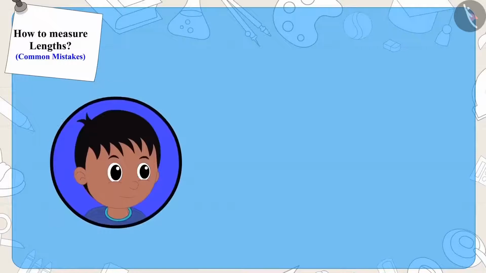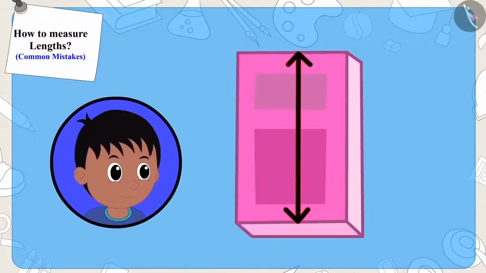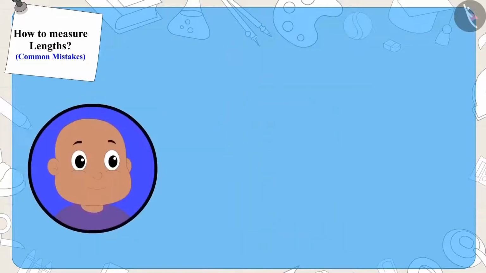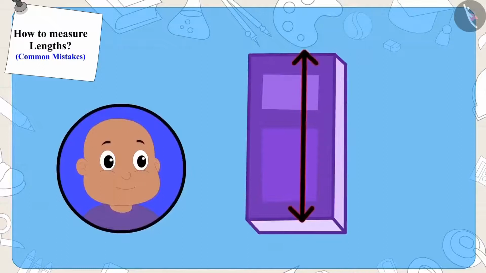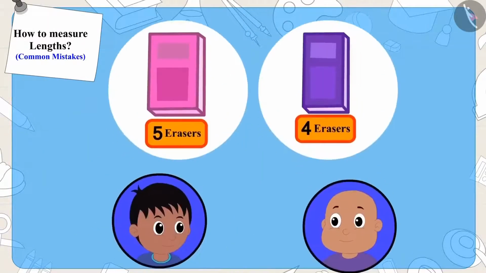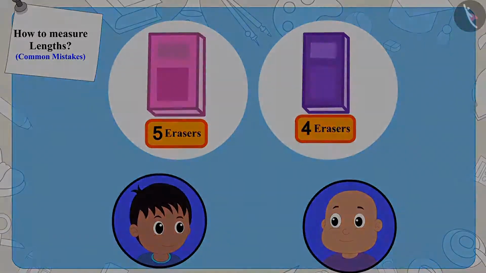Raju had measured his notebook, placing the eraser in this way. But while measuring his notebook, Bablu placed the eraser a little above the bottom end. That is why the length of his notebook was 4 erasers long instead of 5 erasers long.